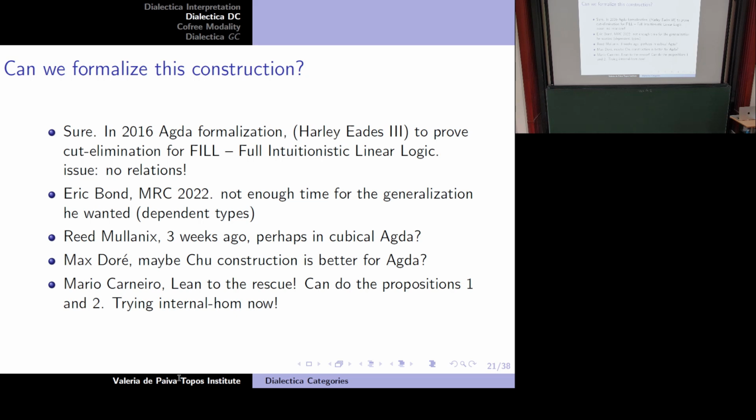And then he looked and said, no, let's do the Shulman construction. The dialectica is a bit too problematic with this semi-adjunction condition that I was showing you guys before. So now I'm pinning my hopes on Mario, who already has proved in Lean the propositions 1 and 2 that I just described. But that's hopes, because the internal hom, which is the hard one, is not done quite yet.